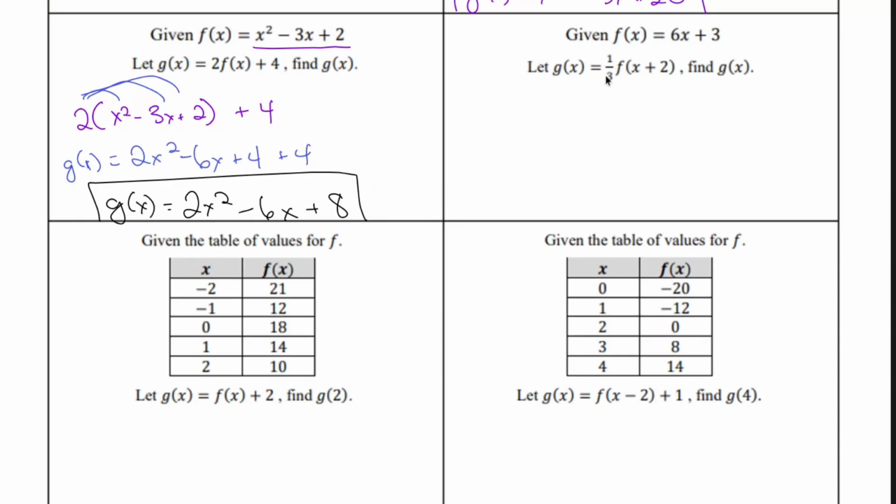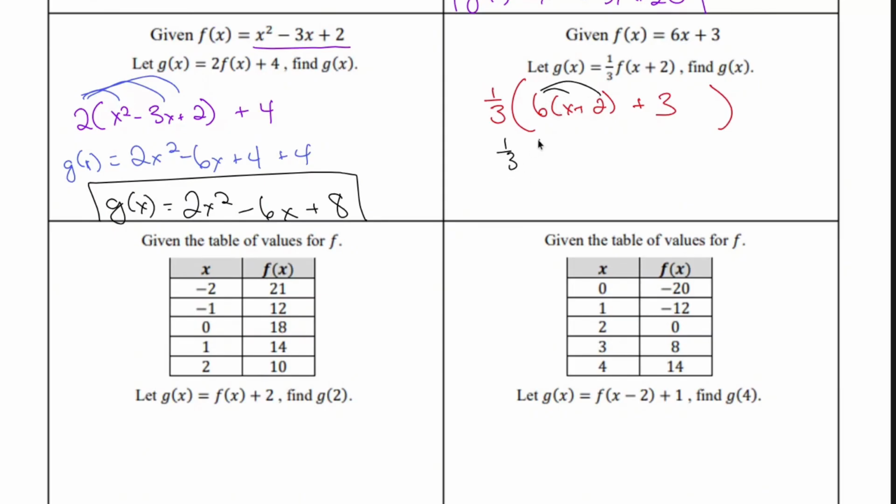Ooh, another one. Now I want 1/3 of f of x plus 2. So that means I am going to take 1/3 of this whole thing. But first off, I need to replace every x with x plus 2. So it becomes 6 times x plus 2, plus 3. The first thing we're going to do is the distributive property in here.